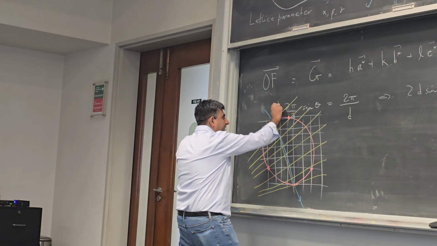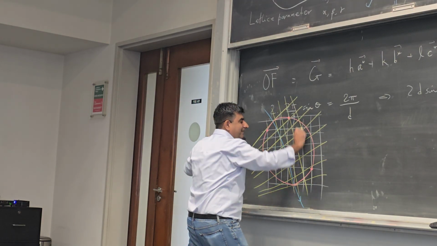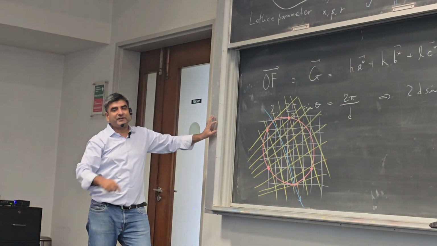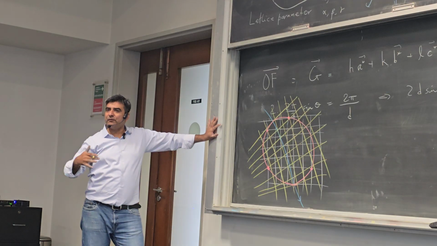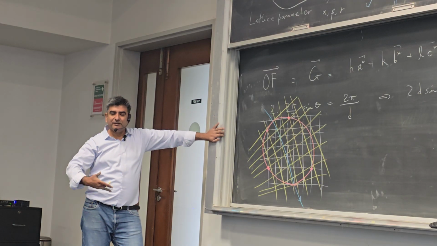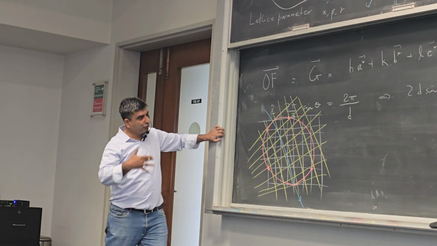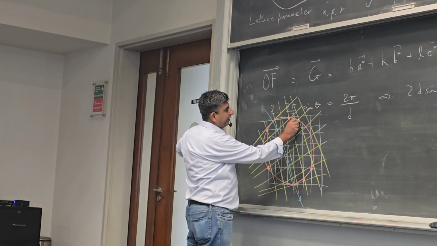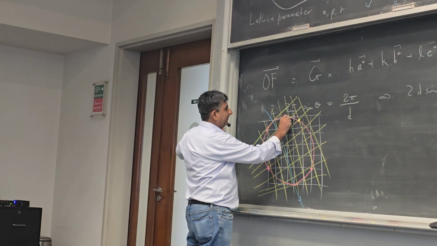It's becoming a slightly complicated figure, but now we'll get new points of intersection. Some of the old reflecting planes will now be silent, and new planes will be created, say here, here.